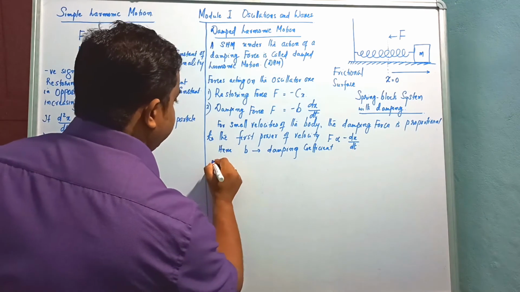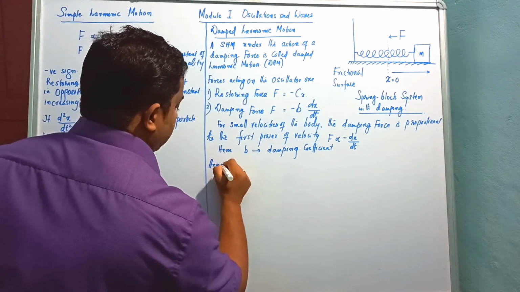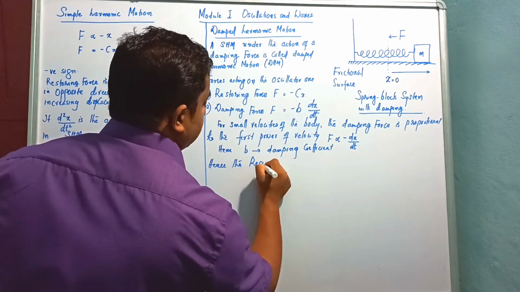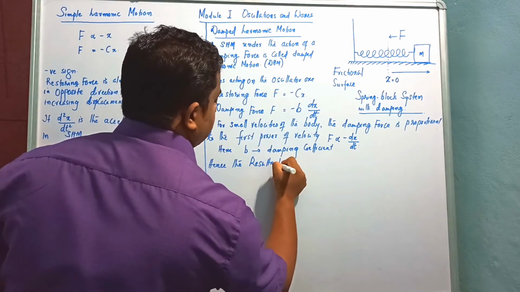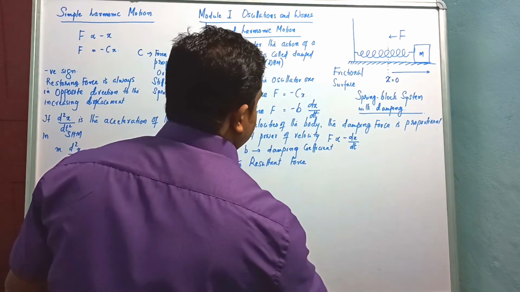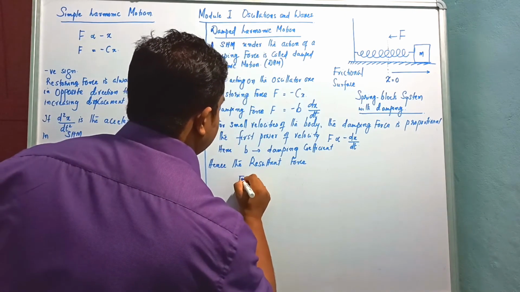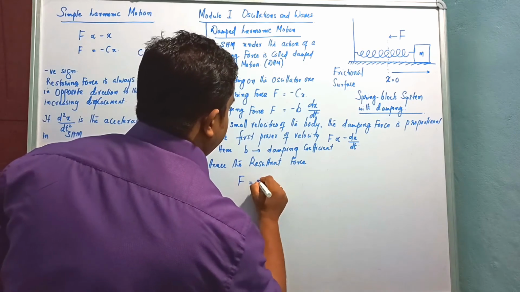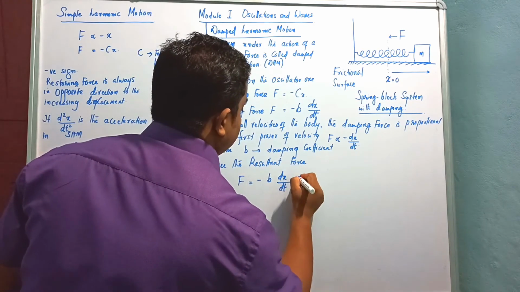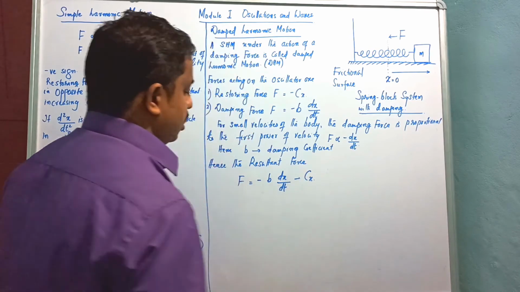Hence the resultant force is F equal to minus b dx by dt minus cx.